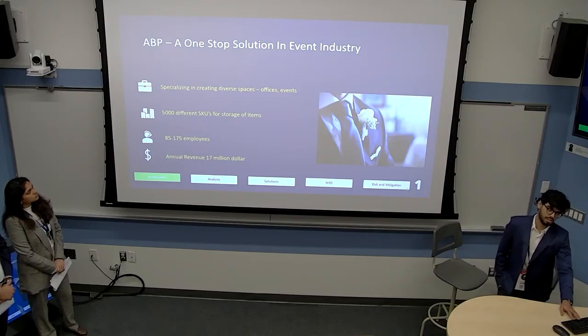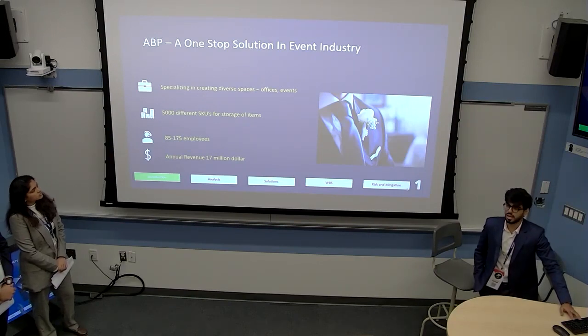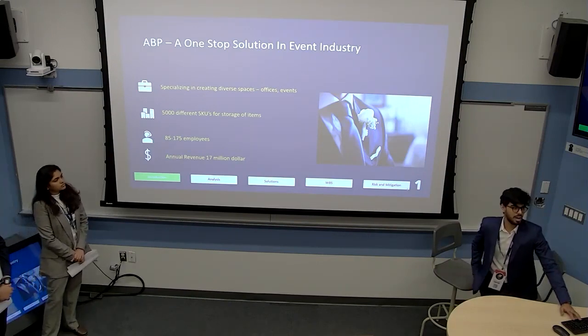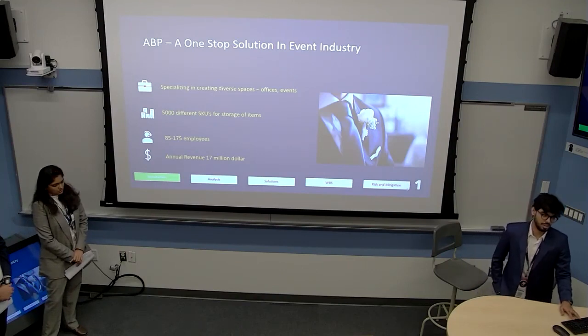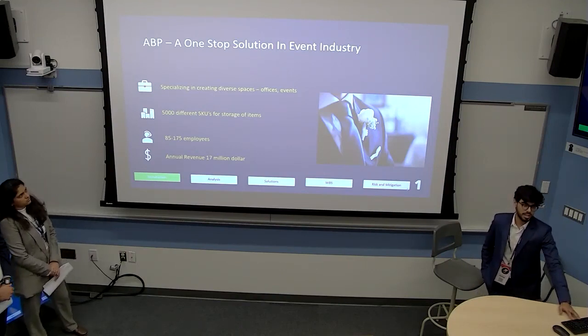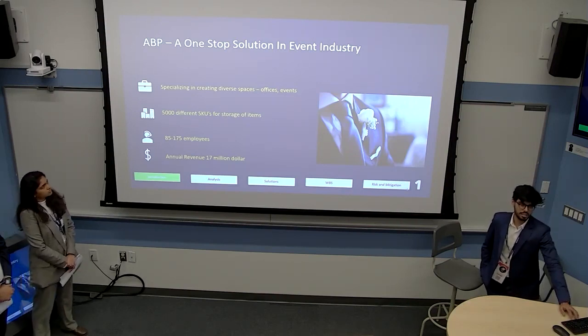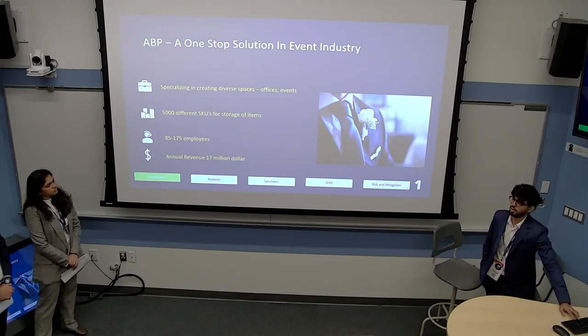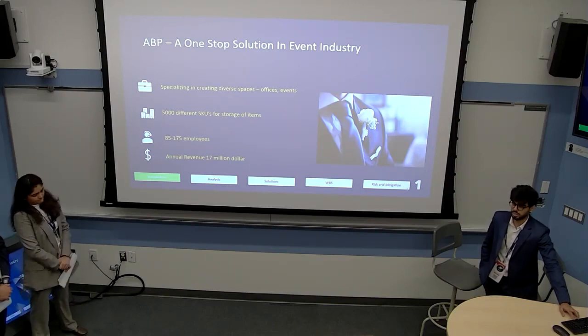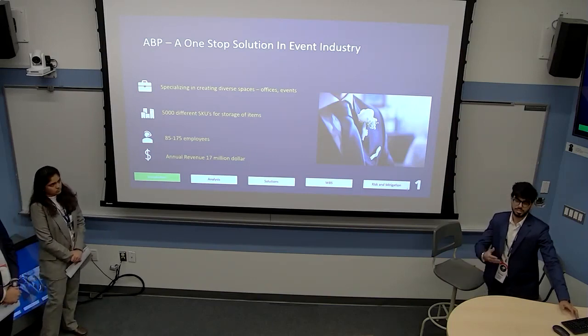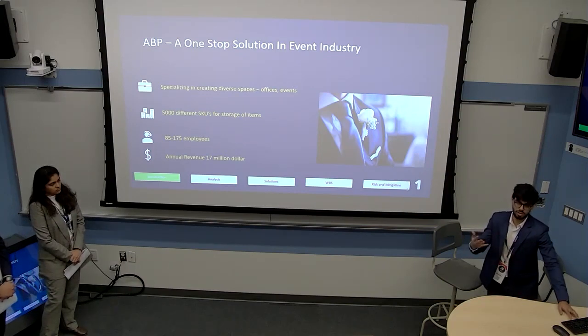So, talking first about ABP. ABP is an event organizing company, as they like to call themselves, and they have diverse businesses. They have offices in various regions. They have around 5,000 SKUs, and they specialize in events, but they also provide products to their customers, such as furniture, or customized products for event planning if they need them for their events.